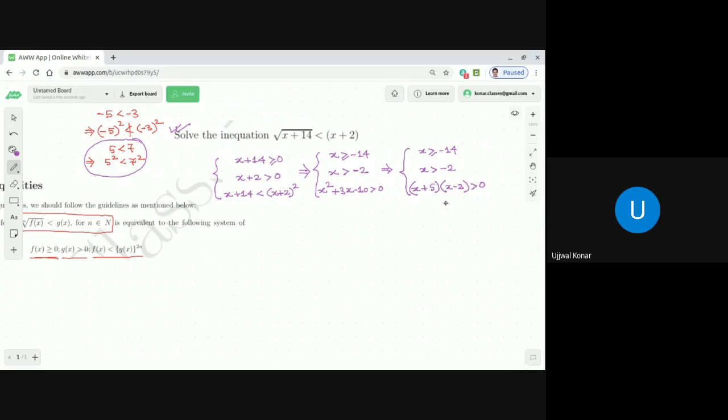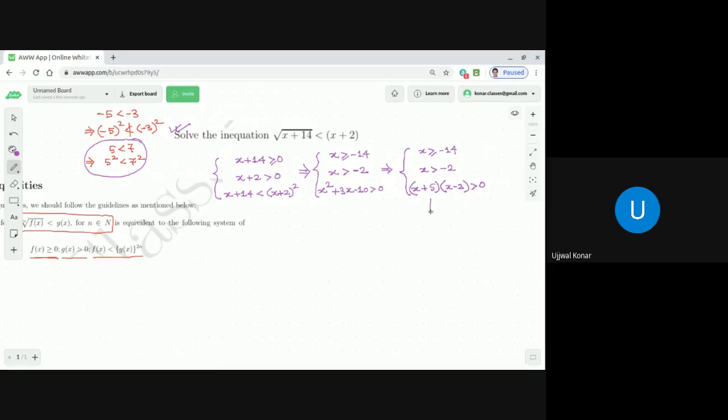Yes. So if you recall, we discussed in one of our earlier classes that (x minus alpha) into (x minus beta) greater than 0 means either x is greater than the maximum of alpha and beta, or x is less than the minimum of alpha and beta.